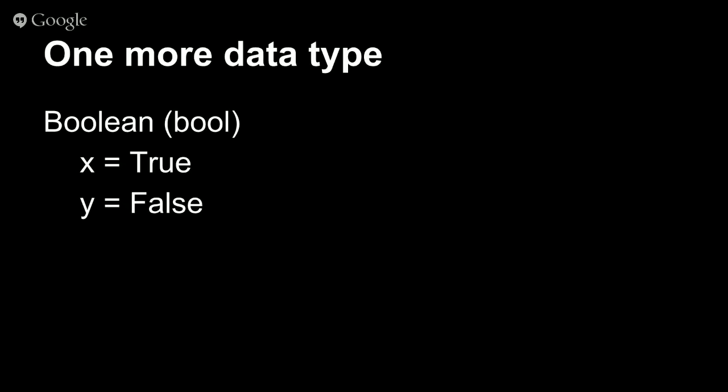So anyway, this data type is called a Boolean. It's kind of a weird word, and you might have heard it before. Basically, all it is is true or false. That's it. There's nothing else. It can't be a number, can't be words, not a character, not anything else, just true or false.